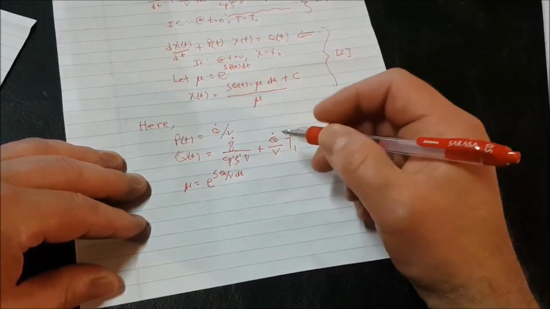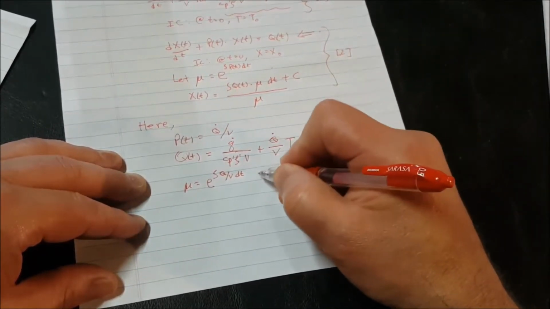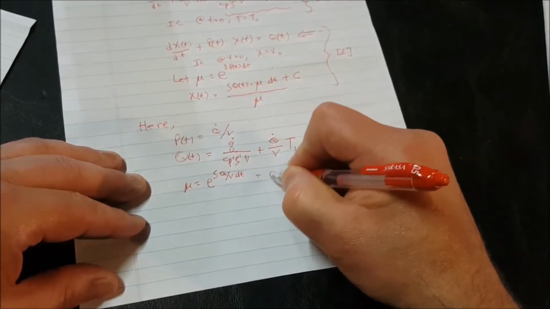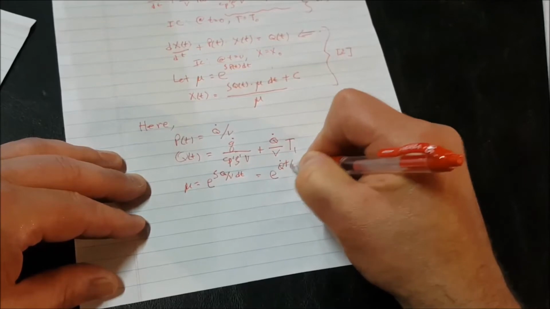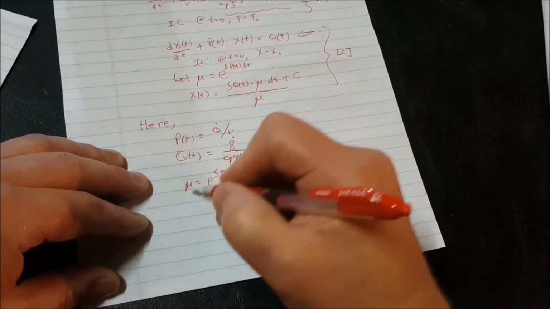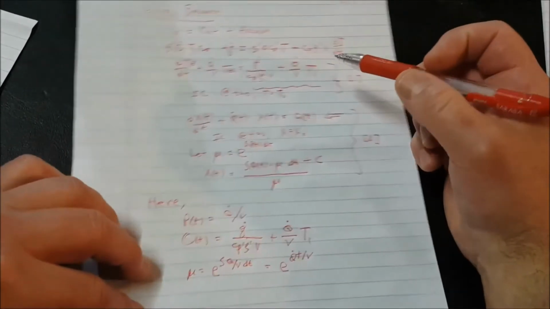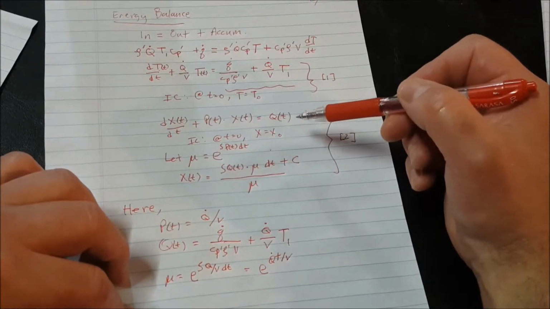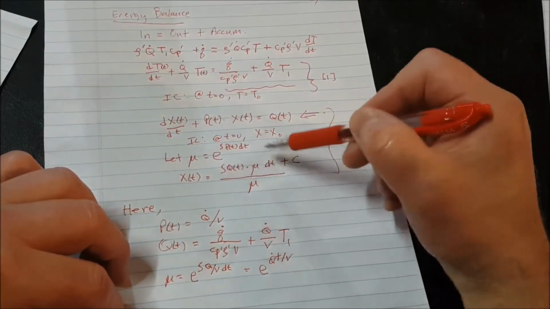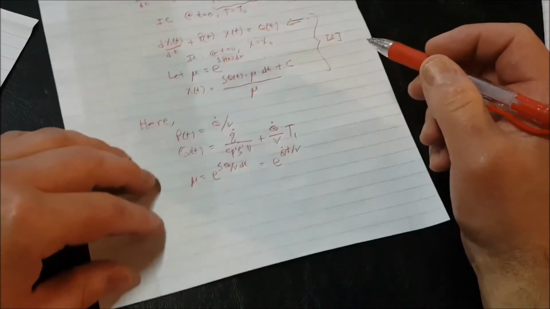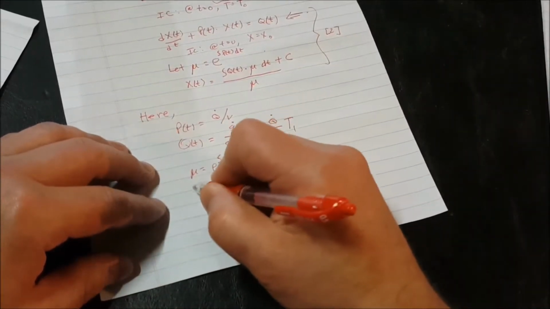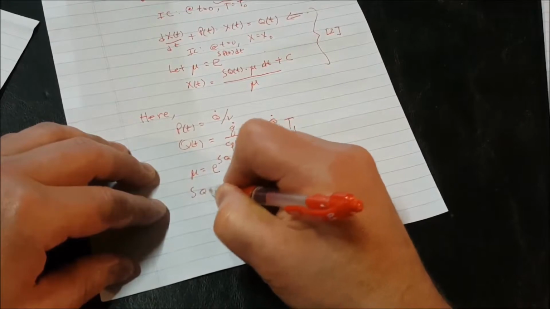I guess I already said that up here. My P is constant, so that integration is very easy, and so that equals e to the Q dot t over V. The next thing I need up here is this little piece here, which is the integral of Q times mu dt.